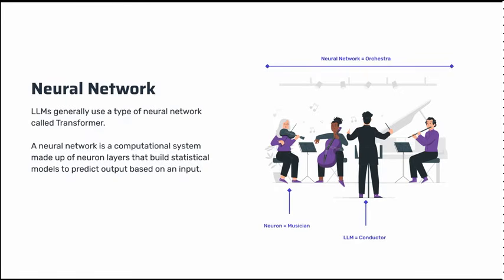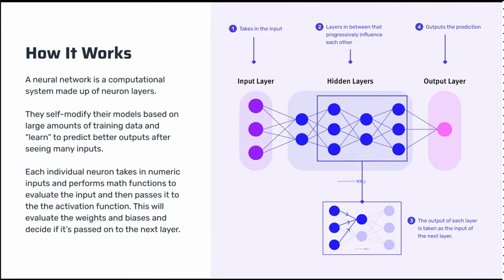So if we dig a little bit deeper, how it works is that, as I mentioned, it's a system that's made up of neuron layers. So they self-modify themselves based on the large amounts of training data, and they learn to predict better outputs after seeing many inputs. And each individual neuron takes in inputs and performs math functions to evaluate the input and then passes it next to the next function.